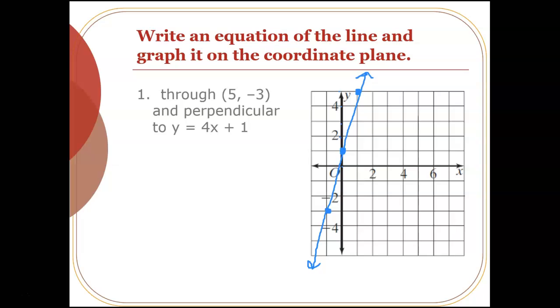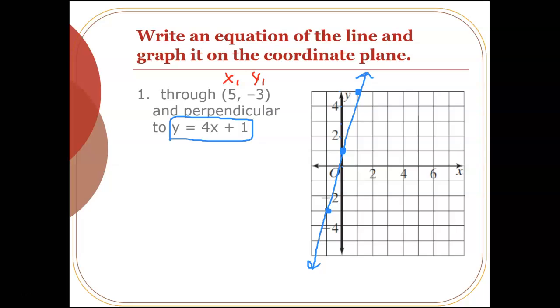So there's my original equation, y equals 4x plus 1. If it's going to be perpendicular, I'm expecting it to meet at a 90 degree. I'm given the point 5, negative 3. So that's going to be my x1, y1.